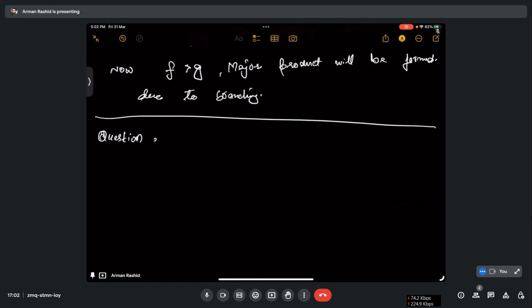Question number 8. As I already told you, E is equivalent to V plus 1 by 2 h hat omega, because h hat is equivalent to h by 2 pi and omega is equivalent to 2 pi nu.